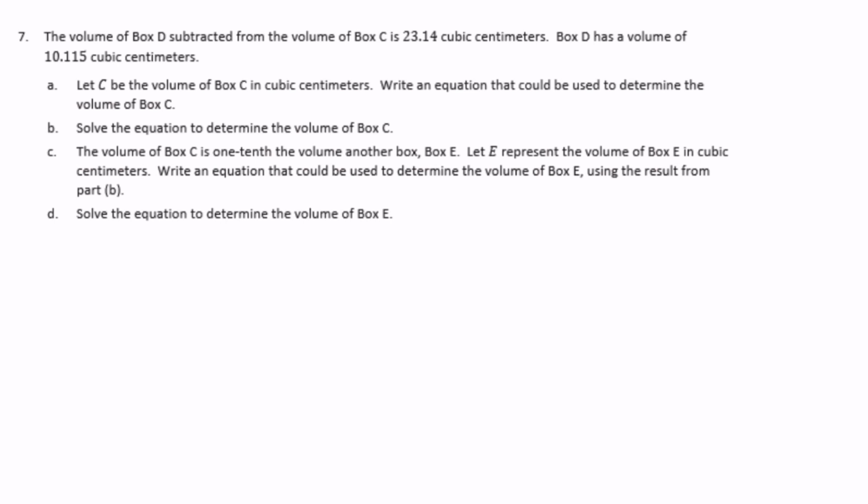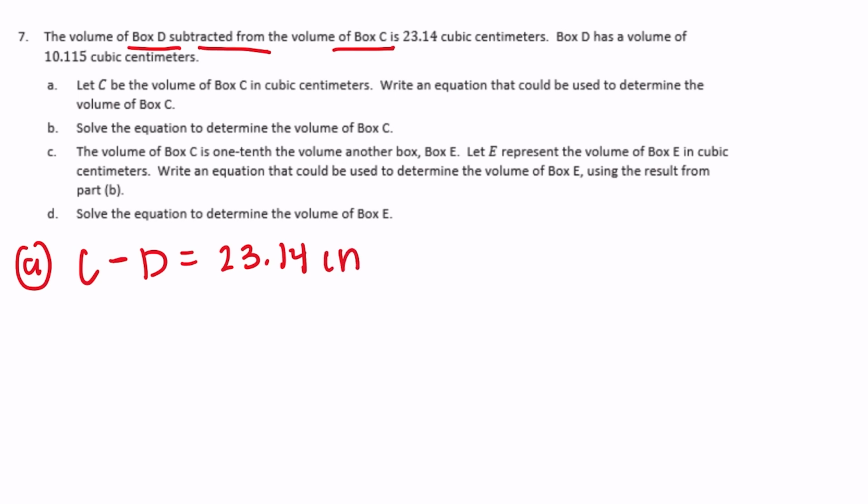Okay, so it's saying here that the volume of box D subtracted from box C. So when we subtract D from C, we get 23 and 14 centimeters cubed. And we know that box D has a volume, we know D is equal to 10 and 115 thousandths centimeters cubed.